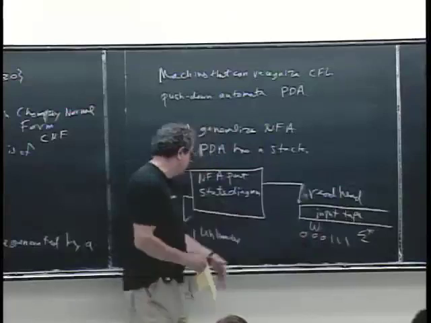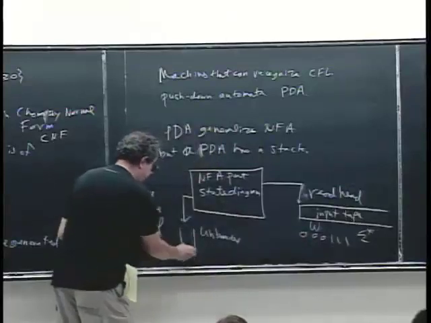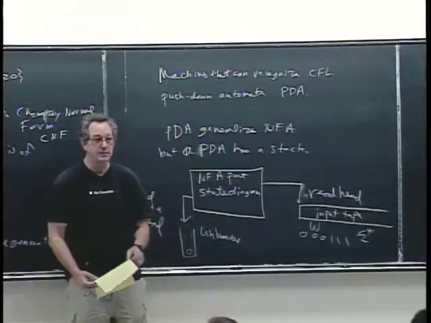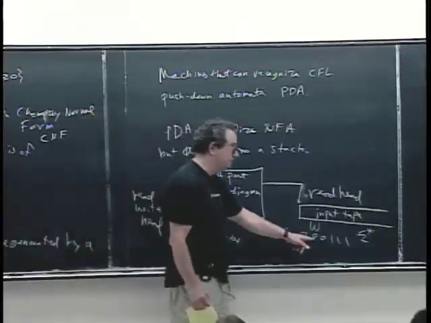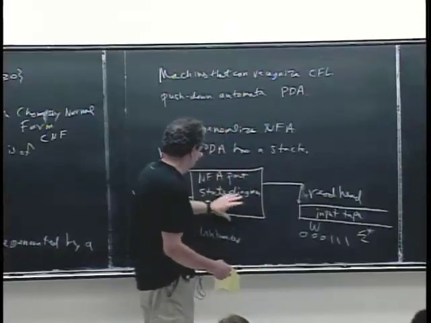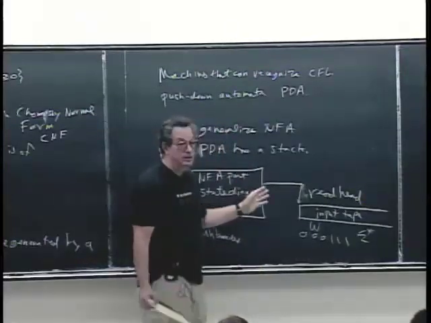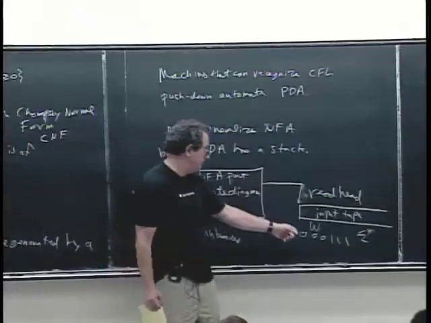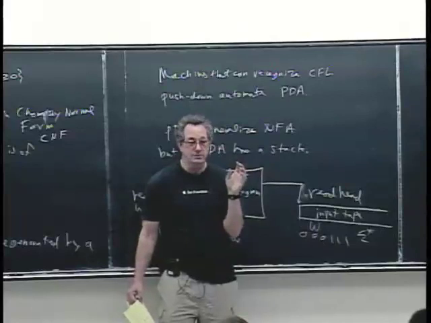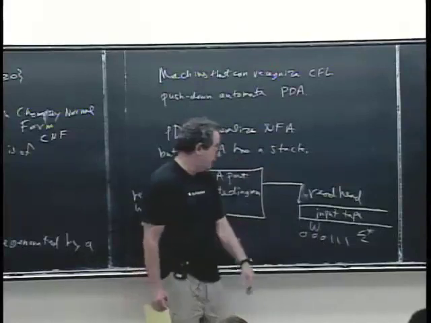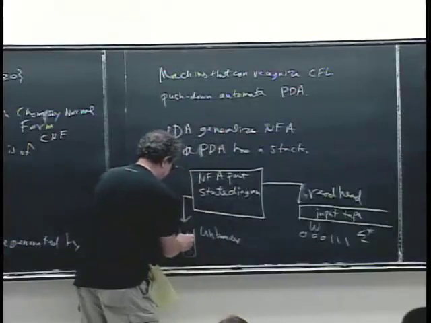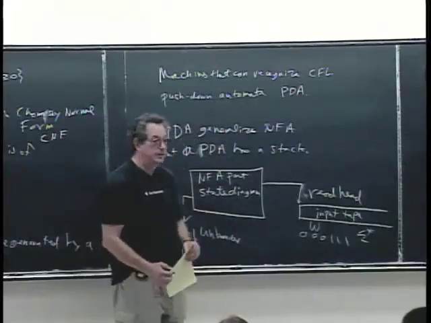But as it reads it, it's going to push the same symbol onto the stack, as long as it's still reading zeros. So we're going to have to cook up an NFA that can do that. It's just reading characters, and by its state, it knows whether it's still reading zeros or not. If it's reading zeros, it continues to push them onto the stack.